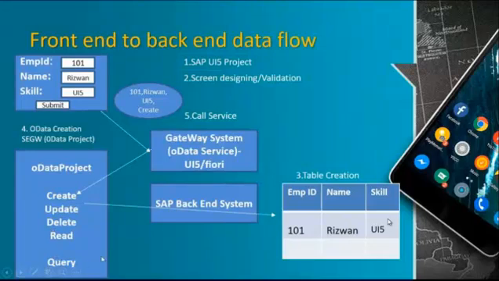We might have already written the logic like select star from the table. So the entire data will come and pass in the same reverse direction to the front end SAP UI5. This is how the data flows from front end to back end and vice versa in entire SAP UI5 Fiori applications.